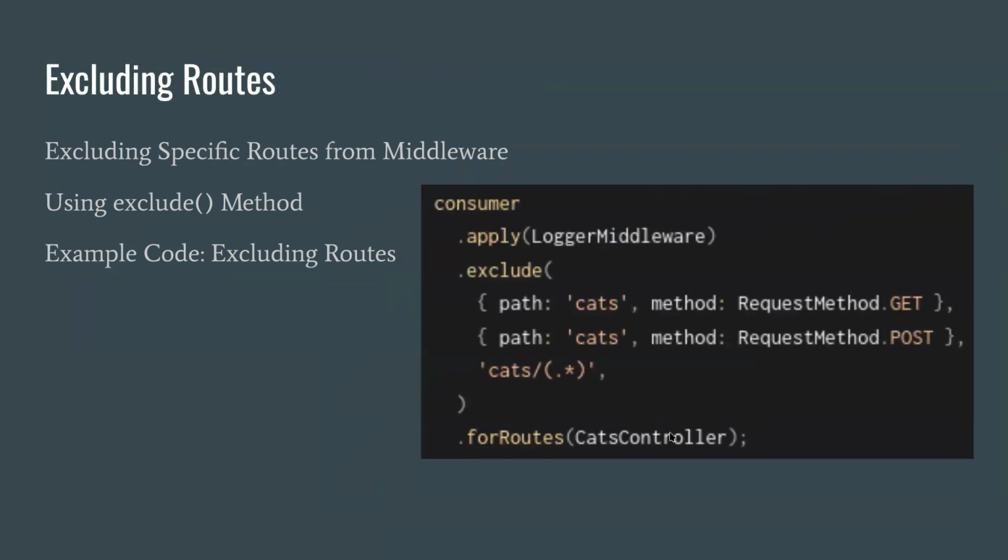Sometimes you may want to exclude certain routes from having the middleware applied. The exclude method allows you to specify routes that should be excluded. In this example, we are excluding GET and POST requests for the cats route and any route matching the pattern cats/*.